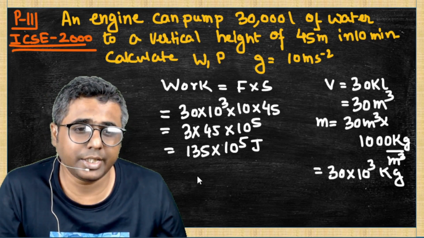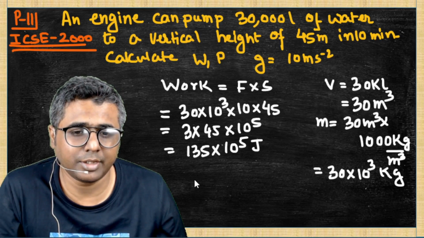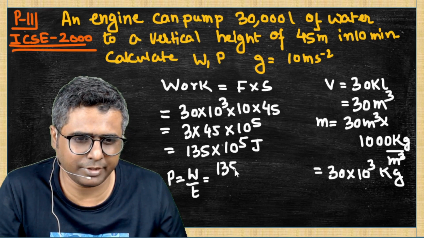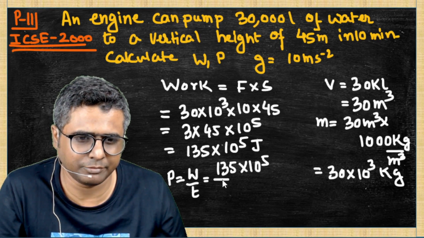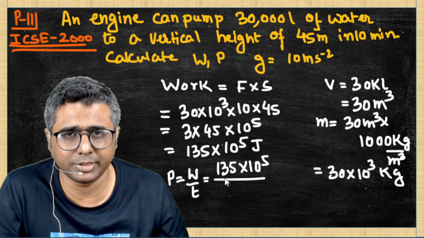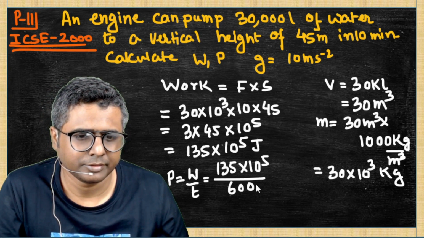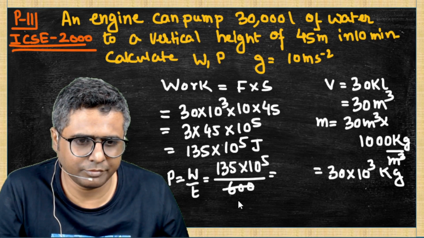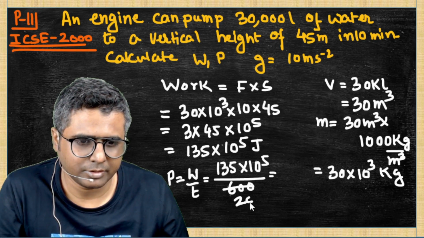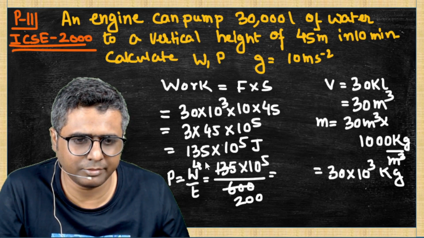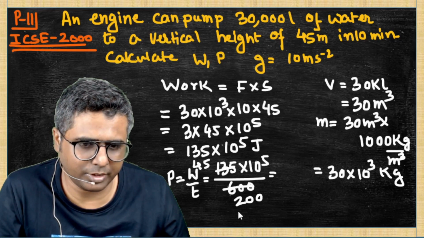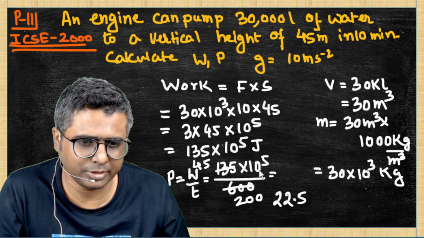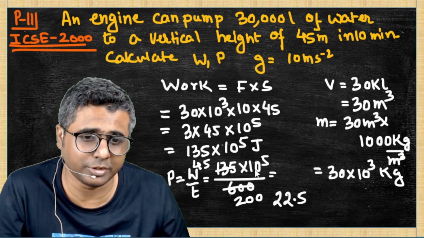Easy question. Next, you have to calculate the power. Power is nothing but work by time. Work is 135 into 10 to the power 5 in SI unit. Time is 10 minutes, so you have to convert it into SI unit, 600. Here you can divide by 3: you will get 200, and 45 divided by 3... so 45 by 2 is 22.5, and 2 zeros help in cutting down 10 to the power 5 to 10 to the power 3.